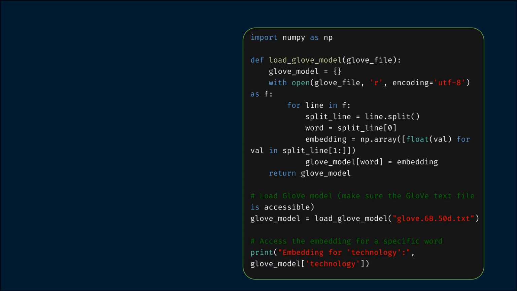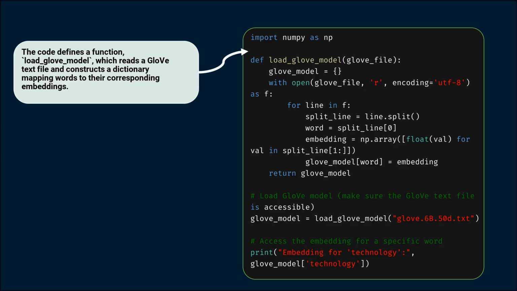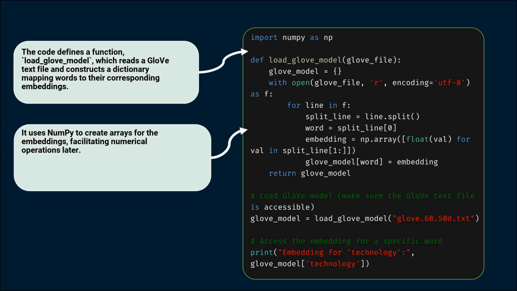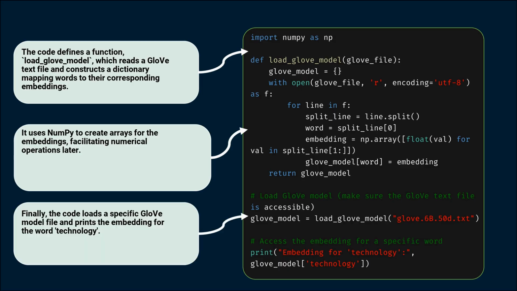Now, let's dive into how we can load GloVe embeddings using Python, shall we? We've got this handy function called load GloVe model, which takes the file path to your GloVe text file as an argument. First off, it initializes an empty dictionary to hold the embeddings. As the function reads through the file line by line, it splits each line into the respective word and its vector representation.